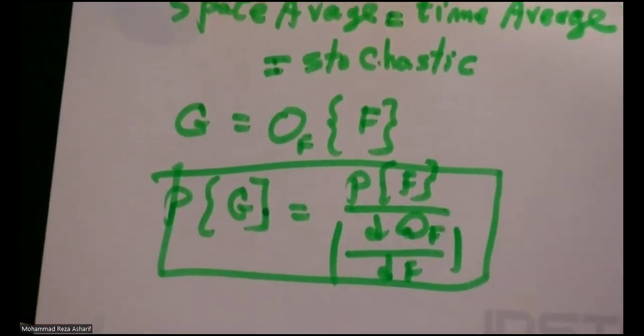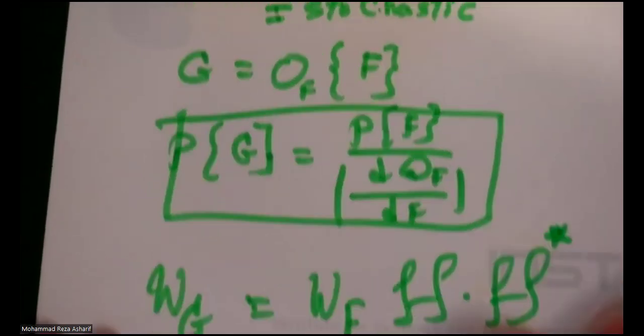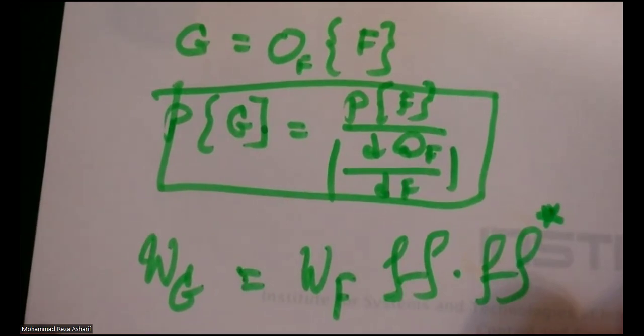So remember this. For example, we can also write the autocovariance and so on. The Fourier transform of the output is the Fourier transform of the input multiplied by the Fourier transform of the impulse response. That is the last section that I wrote for you.